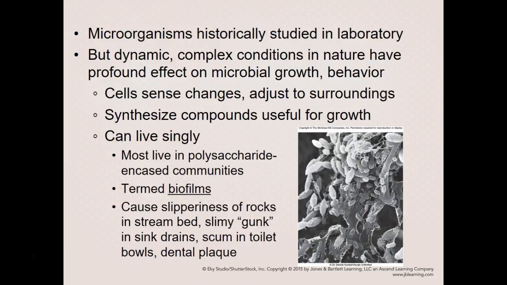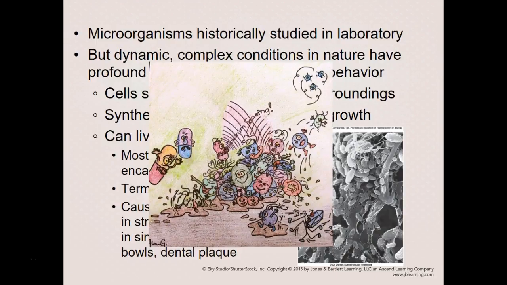And biofilms are what produce the slime on the sink or tub, scum in a toilet bowl, stuff like that. On your teeth, it produces plaque. And biofilms are problematic because when we try to kill off pathogens and they're living in a biofilm, if that biofilm is in our system, the antibiotics don't tend to kill many cells.